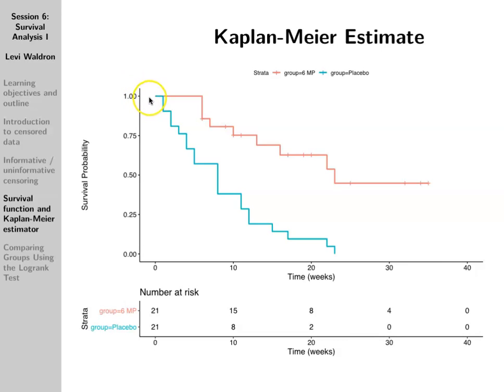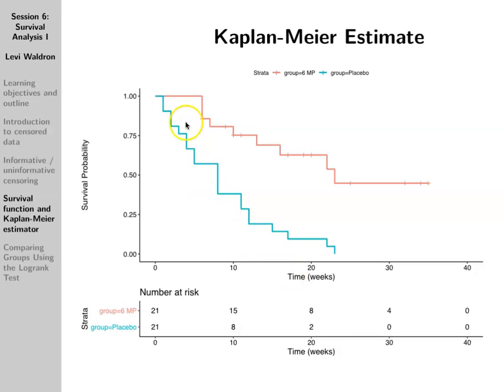This is the Kaplan-Meier estimate of that survival function over time, and it's plotted here for these two groups. The 6-MP treatment group shown in salmon, that's the higher group, and the placebo group shown in blue, that is the lower survival group. So you can interpret this exactly as it says, as a survival probability as a function of time.